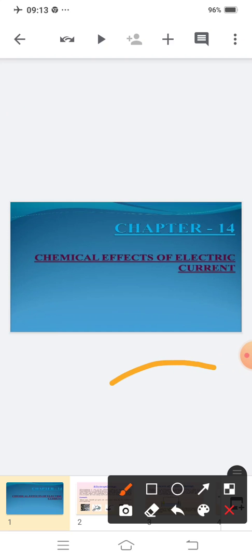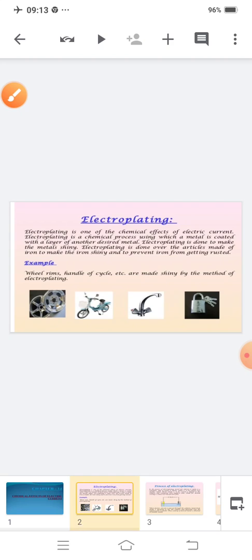Let us start with electroplating. You might have seen jewelry that looks like gold, but its cost is much less than that of gold. Have you seen artificial jewelry? Artificial jewelry looks like gold jewelry, but if you compare the rates of the two, there is a large difference between the cost of artificial jewelry and gold jewelry.